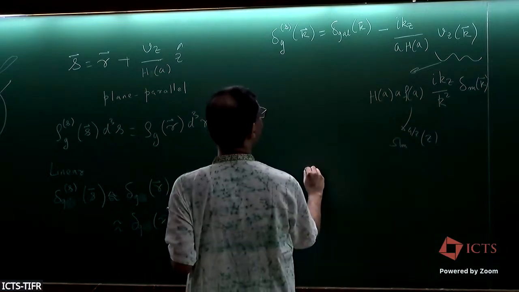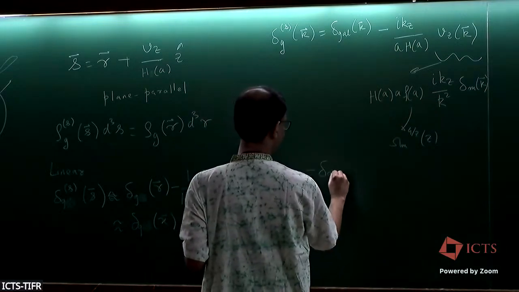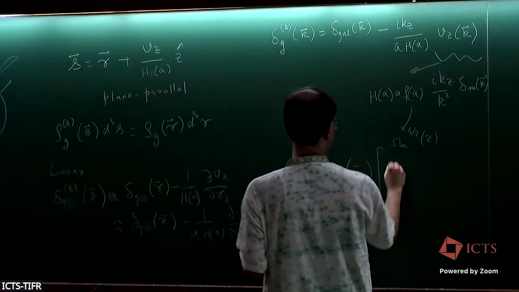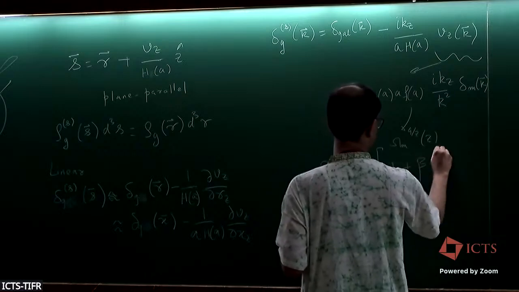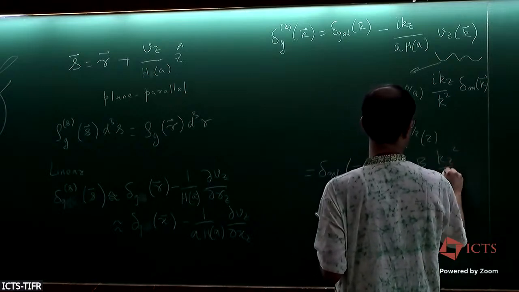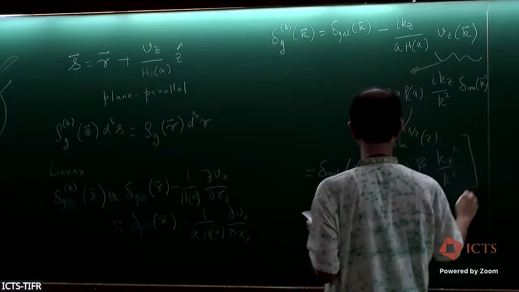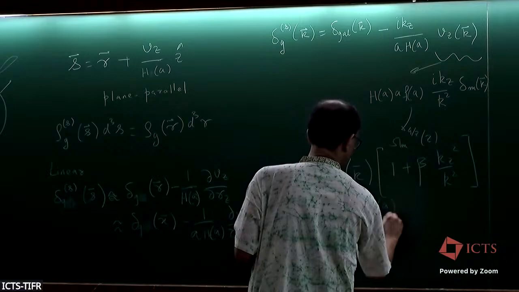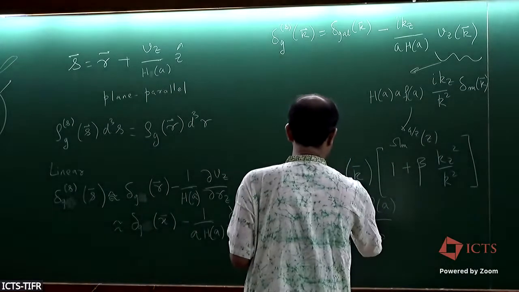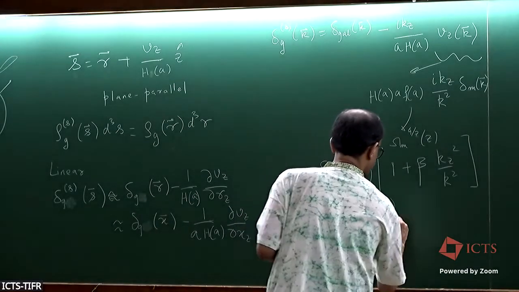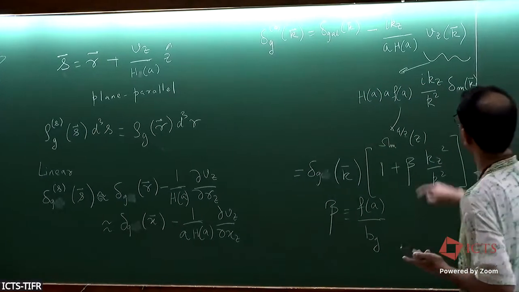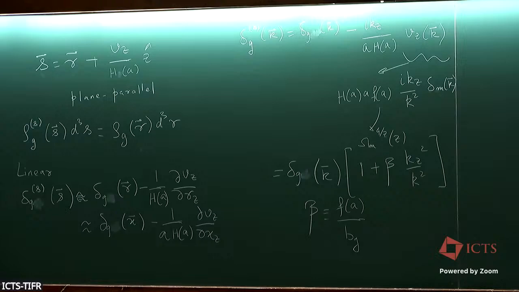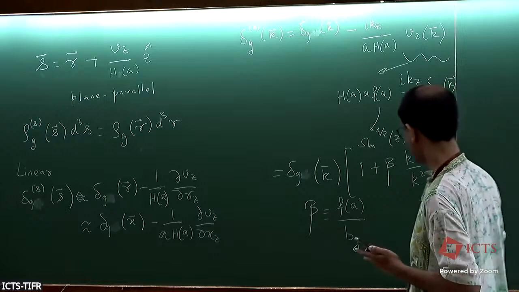And what you at the end get is delta galaxy of k times 1 plus beta kz square by k square, where beta is nothing but f by bias of galaxy. Just constantly shifting between g and gal. Whatever you want to use, be consistent.